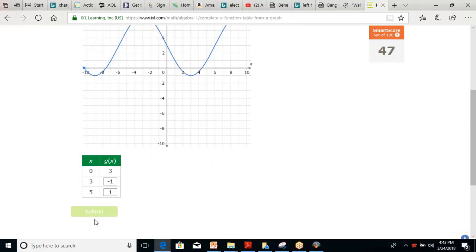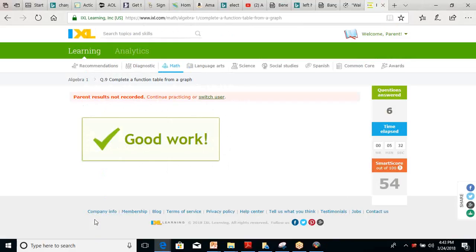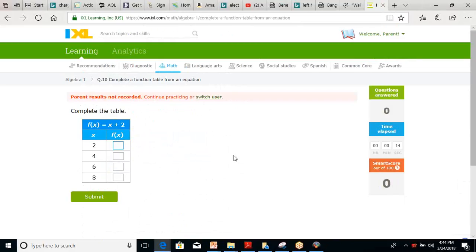Substitute that. Okay. So you're going to complete the table and you're given the formula. This is a formula for a graph. Fx is nothing more than y, and y is equal to x plus 2. This is a graph. So if you have multiple points, you can create the graph.